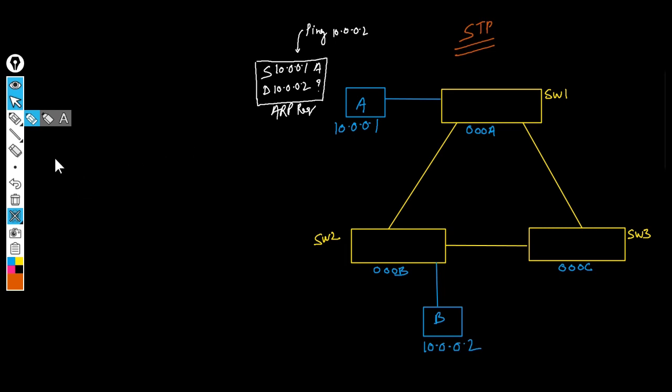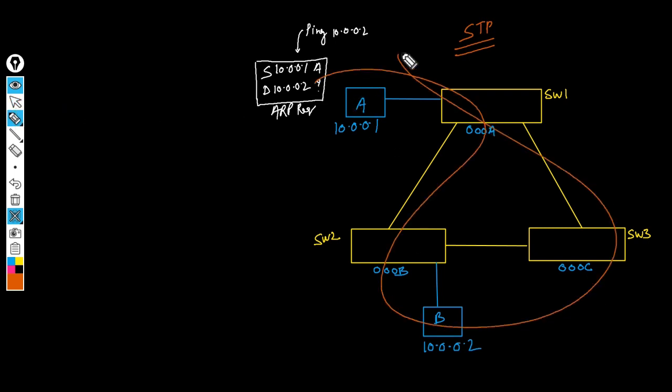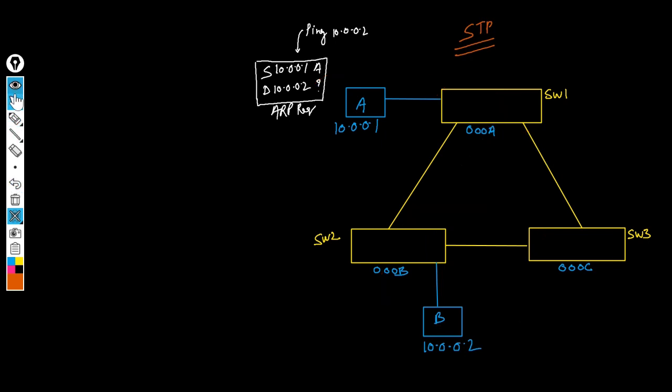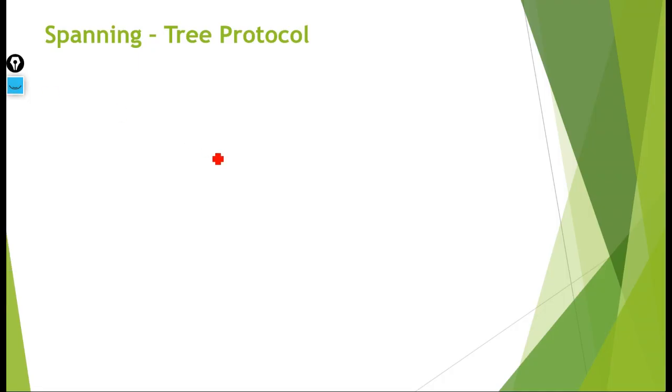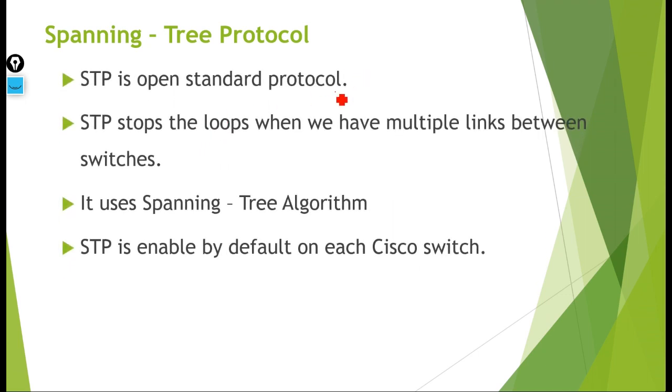This was the scenario which we have already seen, and let's see how exactly STP is going to run in this topology. As we discussed, there was a loop happening in this particular topology, and to avoid that loop we have the STP protocol. STP is an open standard protocol which is supported on all switches, whether it is Cisco or Juniper or Barracuda.